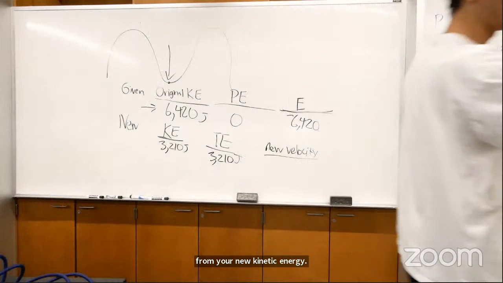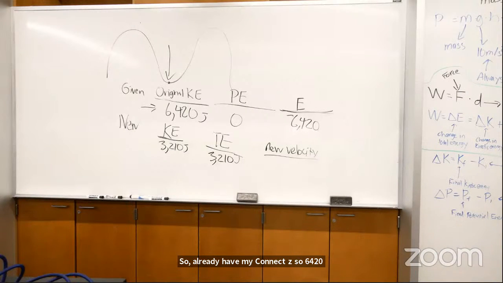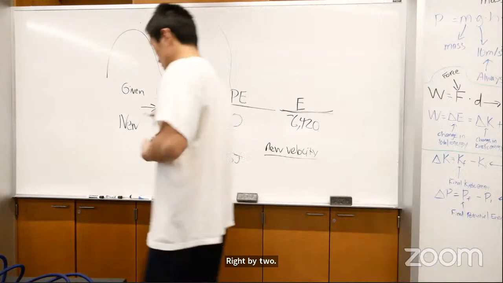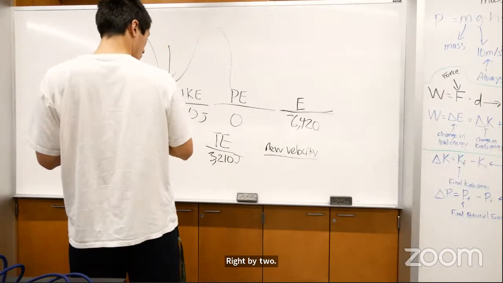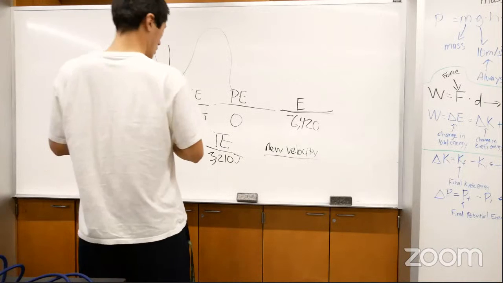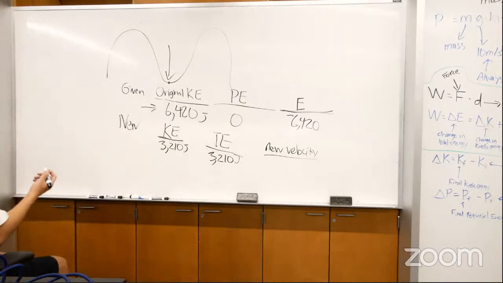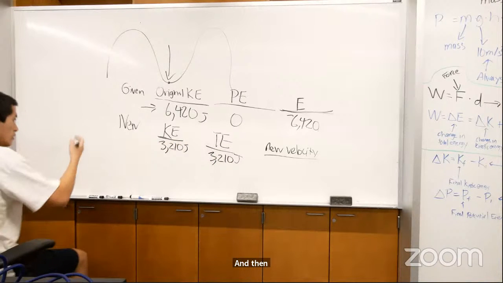And then I would square root it. $56.6. What do you say? How 56.6? That seems wrong, because that's bigger than your original one. This one should be smaller.